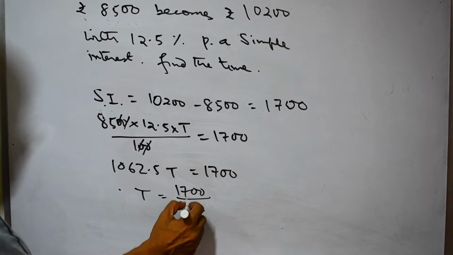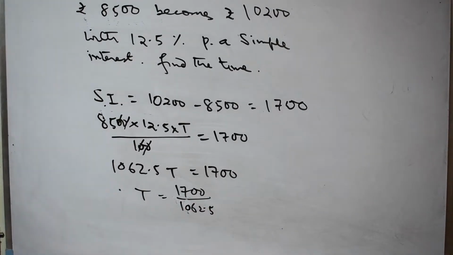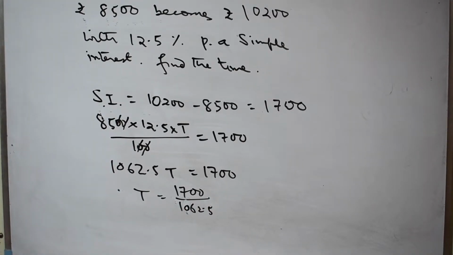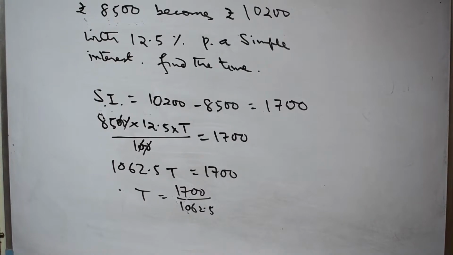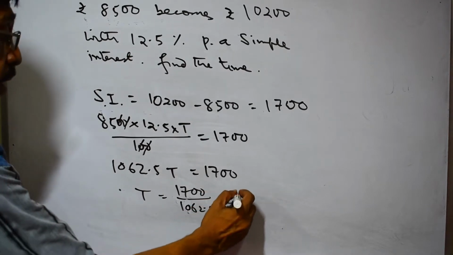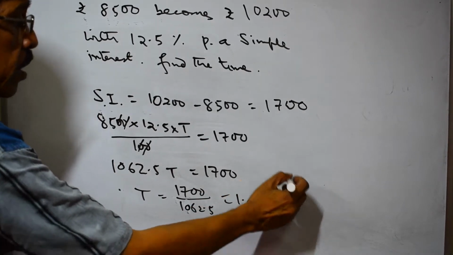Now to do quicker calculation, we have to do quick simplification, which I am not discussing here. I want to discuss the idea of how to calculate the final result. The result comes to 1.6, that is 1.6 years.